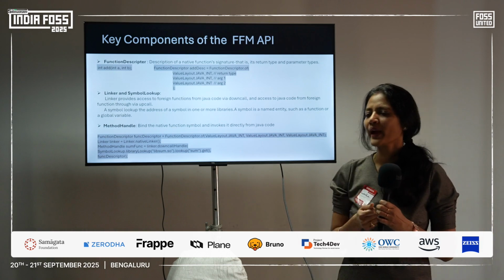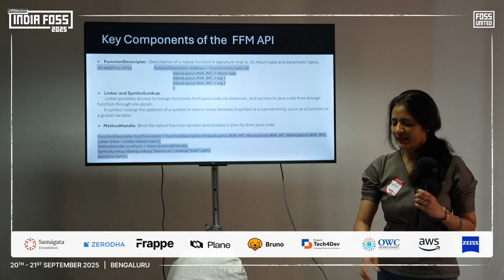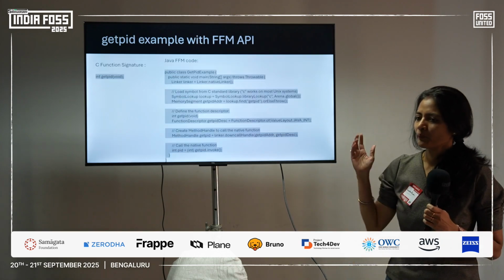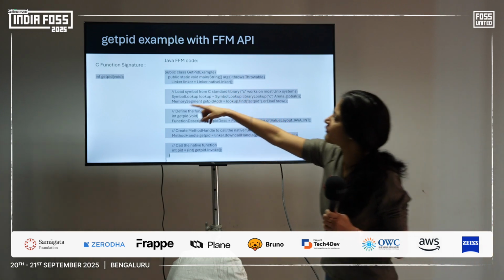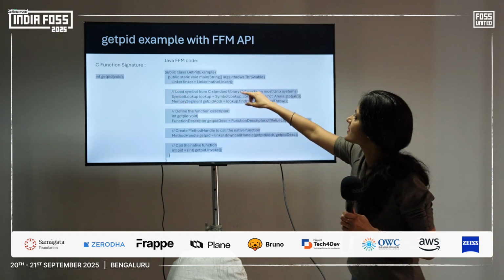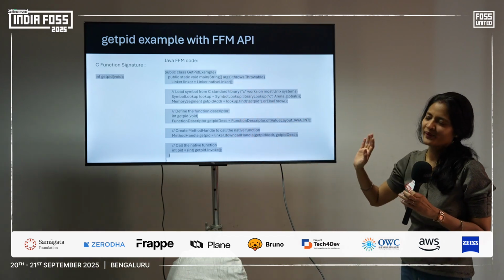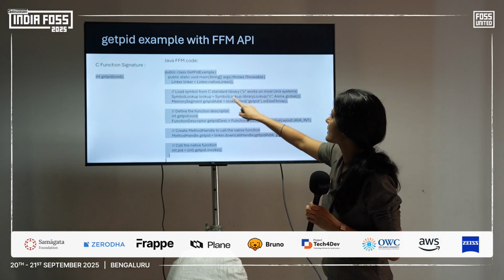The same getPID that we have written with JNI, now let's see how it will be in FFM. Now see, that's the method signature, and this is all Java code. There is only one step. You just have to get the native linker with the symbol lookup.